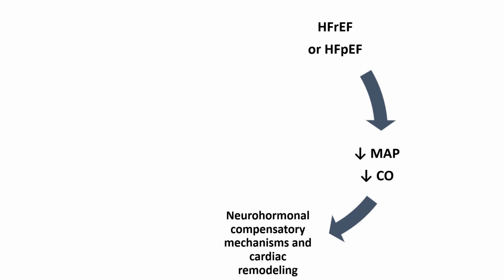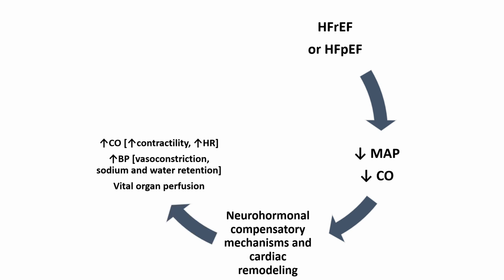With heart failure, whether we're talking about HFrEF or HFpEF, mean arterial pressure and cardiac output are reduced, and this will trigger, as we explained, the neurohormonal compensatory mechanisms and will trigger cardiac remodeling. The result is an increase in cardiac output through an increase in contractility and heart rate, and the blood pressure will be restored as a result of vasoconstriction as well as sodium and water retention.